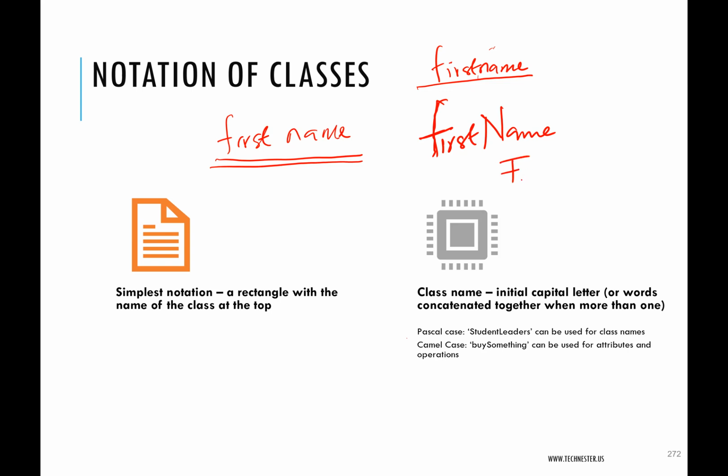So you'd have first, then the second word, whose first letter starts with uppercase, and there will be no space in between. You join them together that way: FirstName. And that's how you'd write a class name when you know for sure that the class may be coded, may be converted to programming languages.